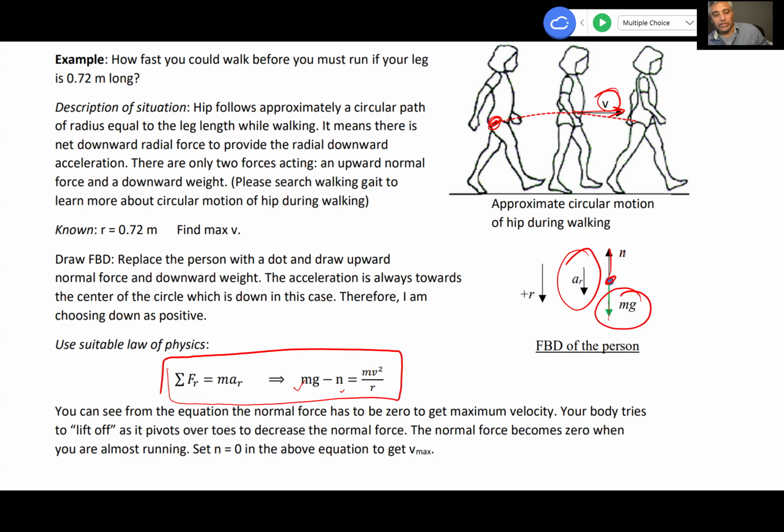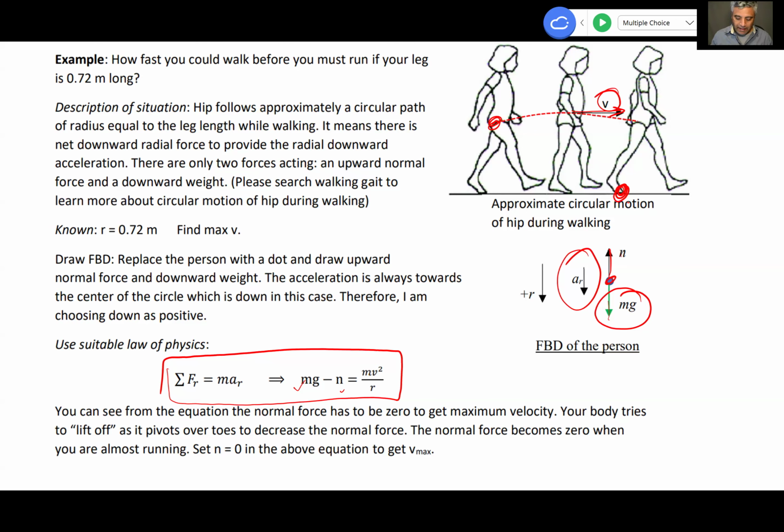So where is the normal force coming from? You are pushing the ground. When you are walking, your feet are pushing the ground, right? And when you are walking really fast, let's say not running yet, but walking really fast, it's barely touching. So that's a critical condition.